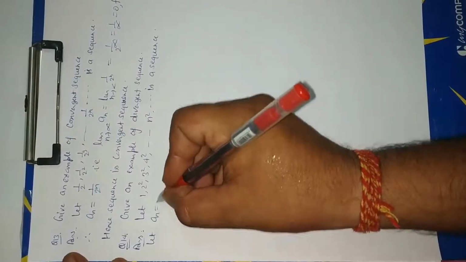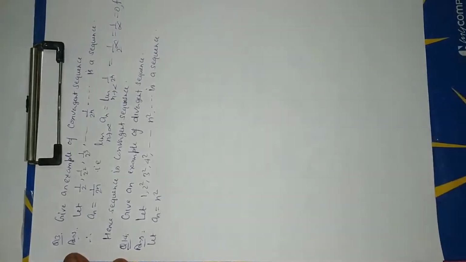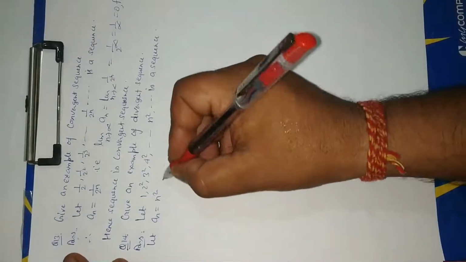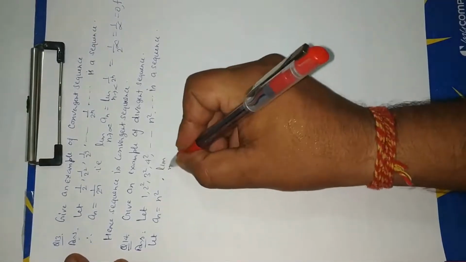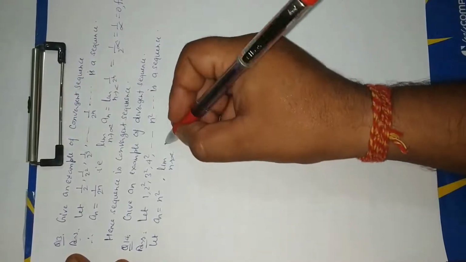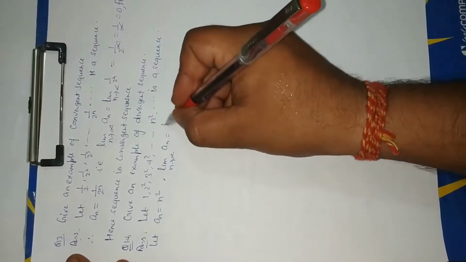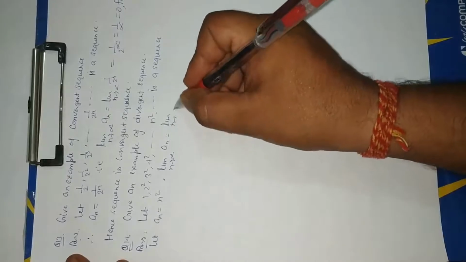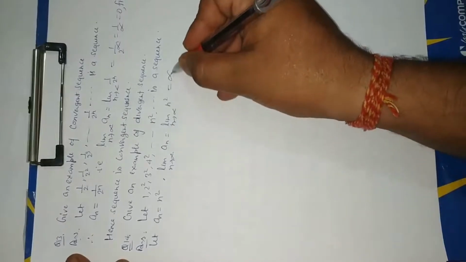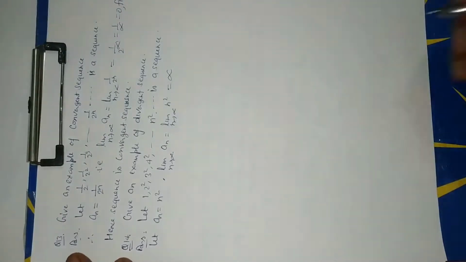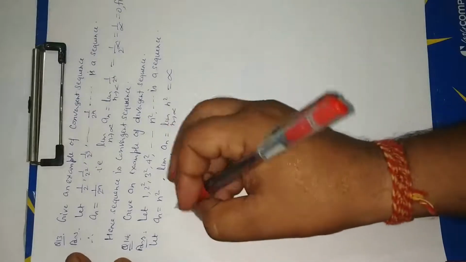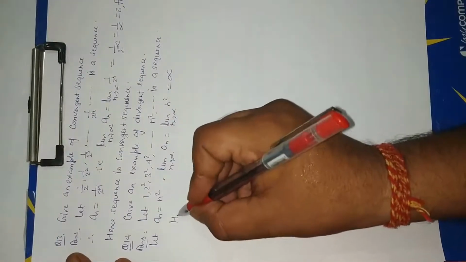Let nth term of the sequence be n square, taking limit both sides, an is equal to limit n tending to infinity n square, this is equal to infinite, hence sequence is divergent.